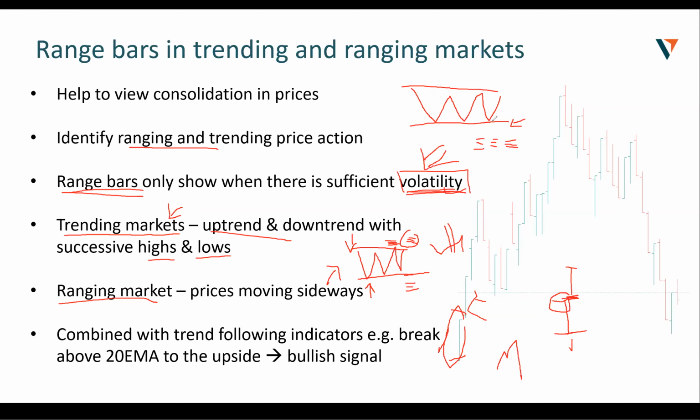Or you have buyers coming in to buy, and their stop losses, which are also sell orders, are placed below. Likewise, at a resistance level, if you have sellers coming in to sell, they would put their stop losses, which are essentially buy orders, above, or people who want to play the breakout.